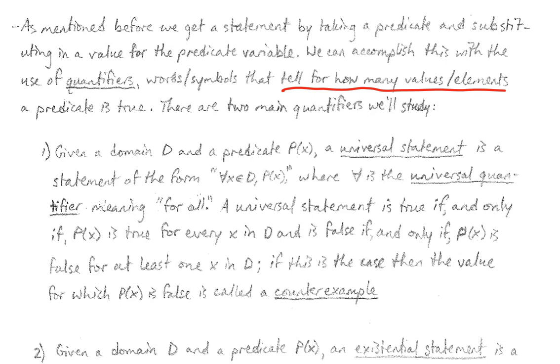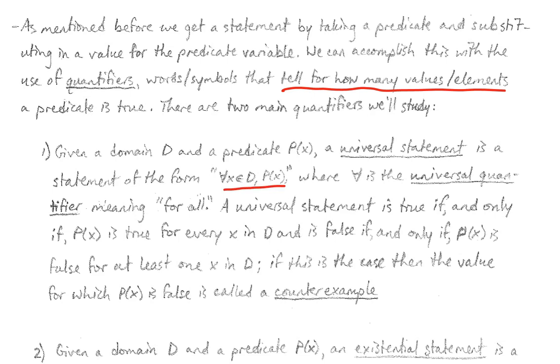That upside down capital A is the universal quantifier, and that's the mathematical way of saying "for all." So how this is really reading is: for all x in D, in this domain capital D, capital P of x is true.